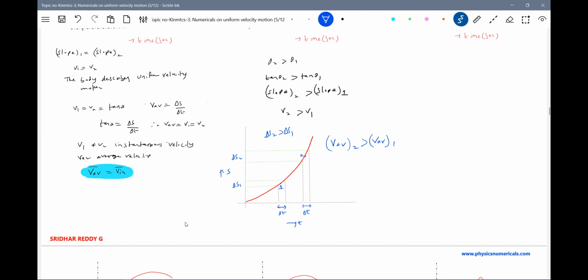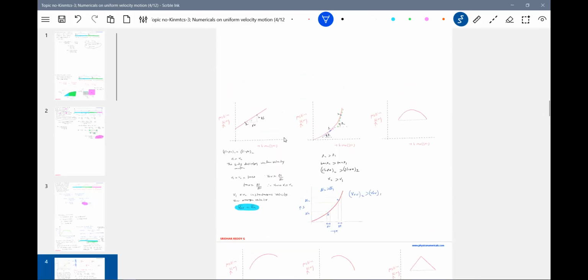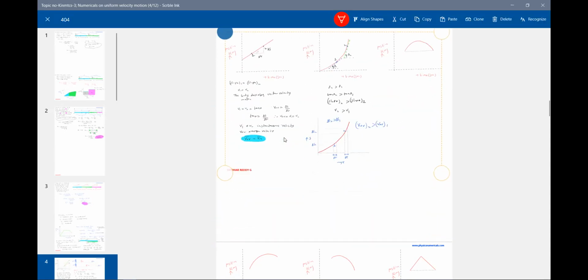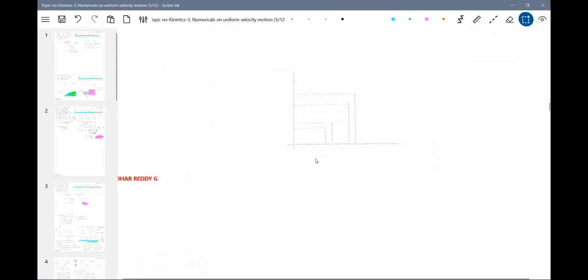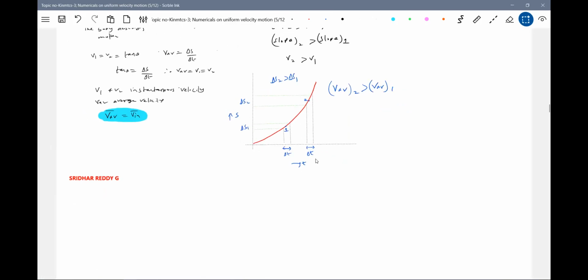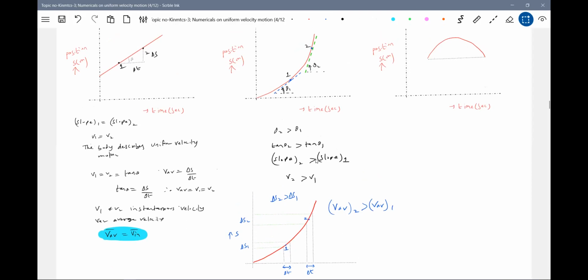Let me arrange the diagram. We'll move it a little bit up so that we get space to scribble all this. Okay, now you have everything visible. Similarly, let me go for the graph for this uniform velocity motion.